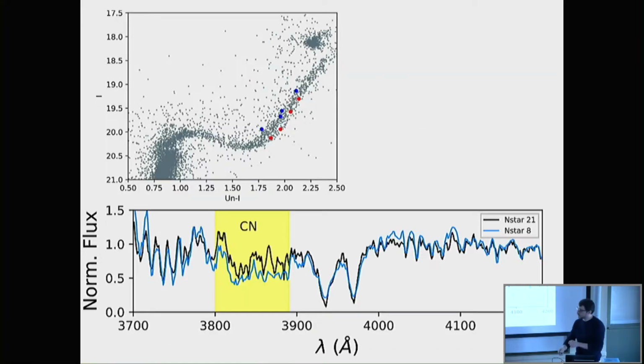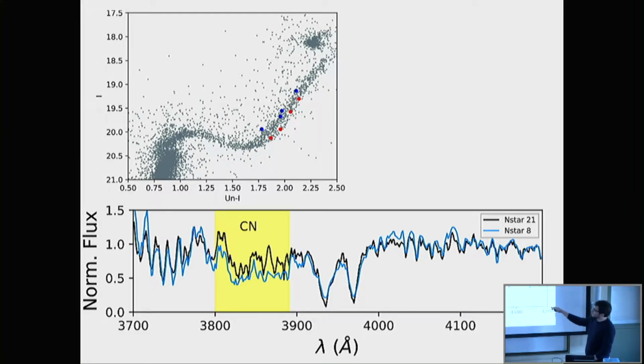And we also got a spectral confirmation of the abundance variations. Again, this U-narrow filter is sensitive to nitrogen variations.